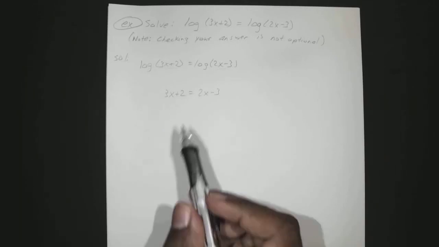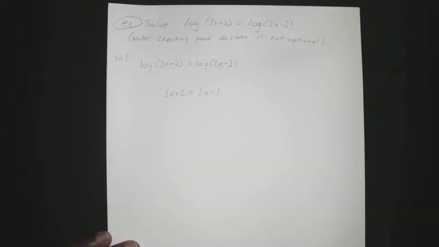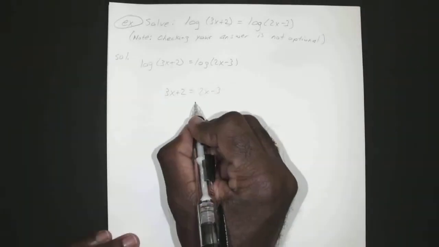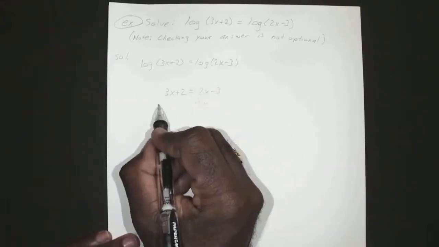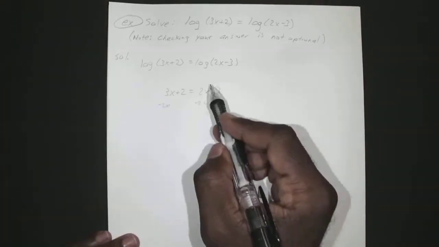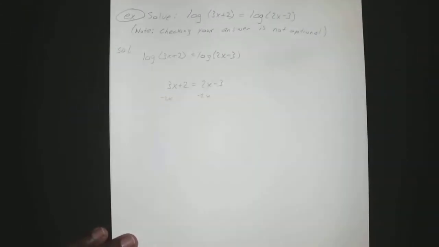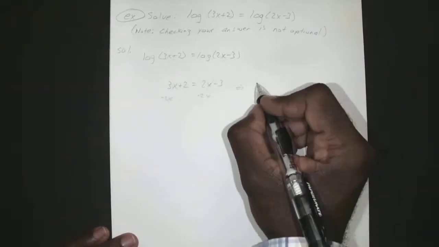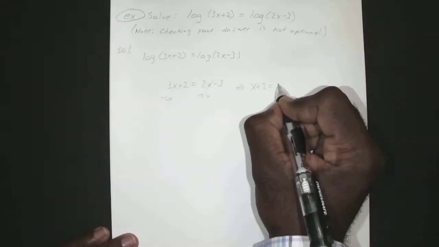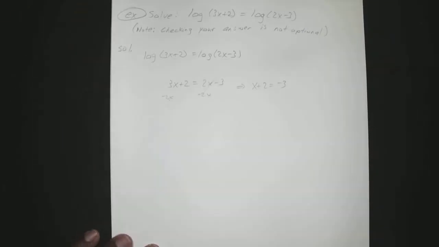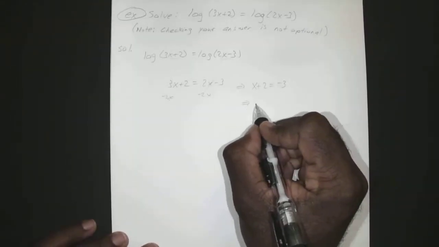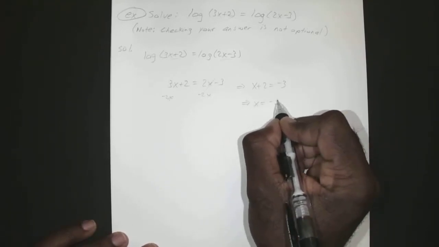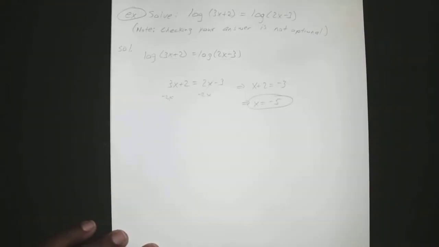Okay, so if we solve for x, you subtract 2x here. 2x minus 2x is 0, so that disappears. So we end up with x plus 2 equals negative 3. Subtract 2 from both sides. X equals negative 5.